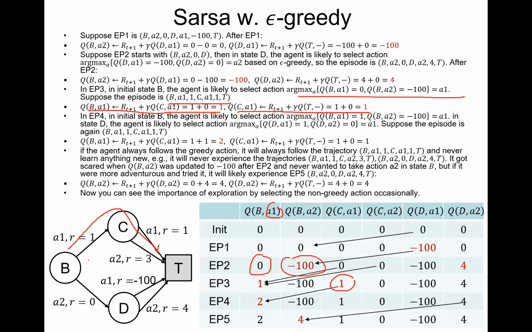If the agent visits B first, it'll bootstrap B off the current value of QCA1, QCA2, which is 0.